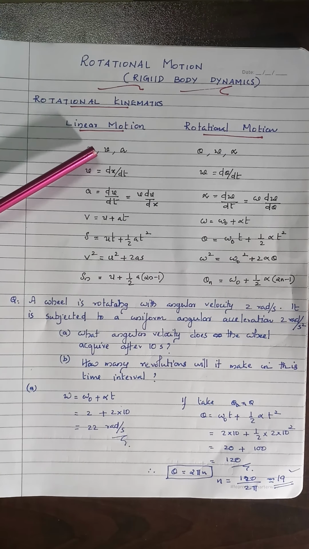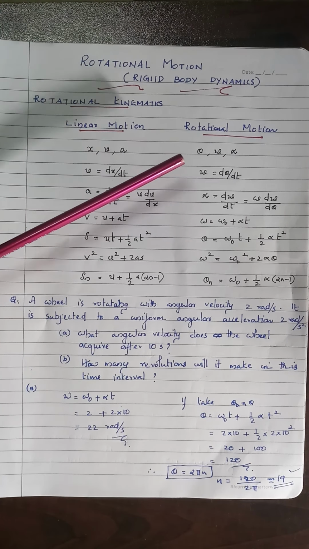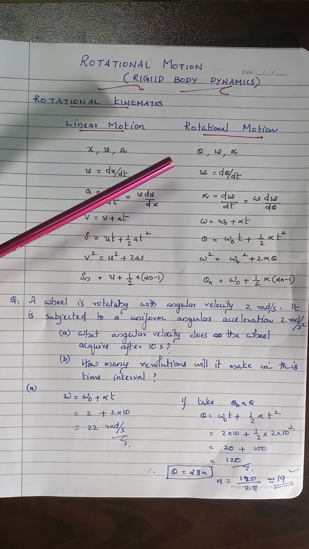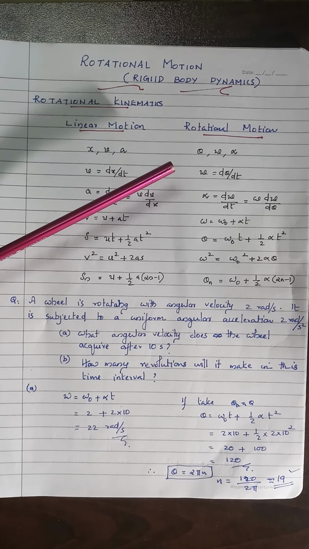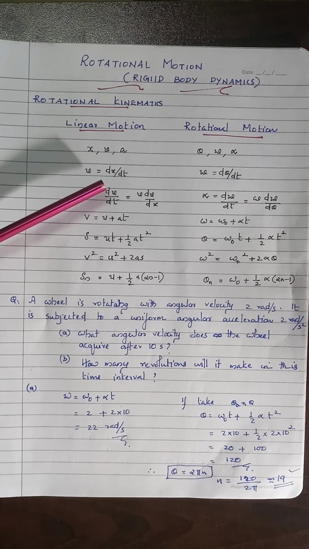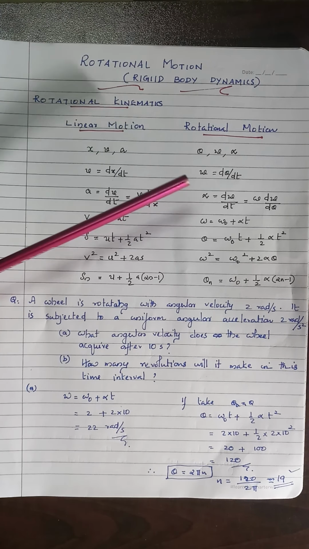And keep in mind, in linear motion, such vectors are called polar vectors, but here theta, omega, alpha, etc. are called axial vectors. Here, the linear velocity is the first differential of displacement, dx by dt, but here the angular velocity is d theta by dt.